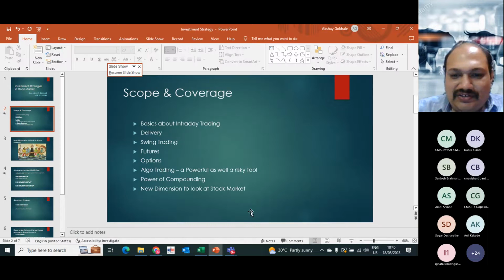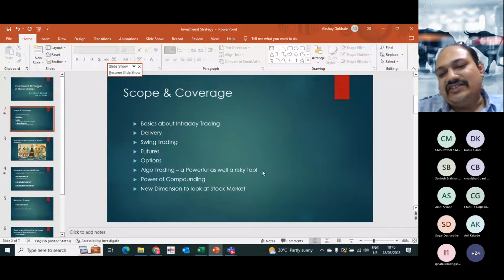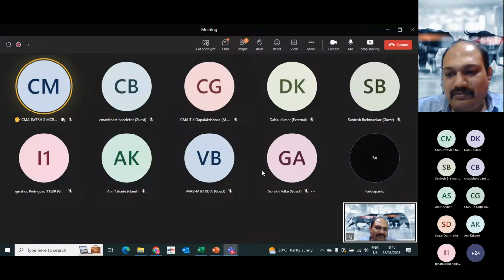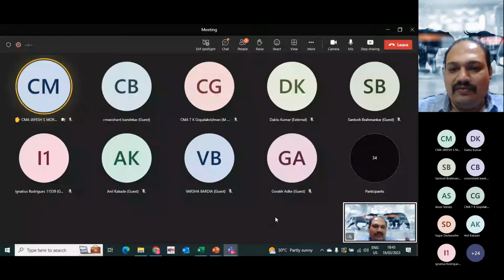Okay. Good. So this is a powerful as well as a risky tool. Why is it a risky tool? Can anyone tell me? Even though your strategy is foolproof, no strategy is foolproof except a few. And one of the strategies, midpoint, you can apply the midpoint strategy on an algo platform also.